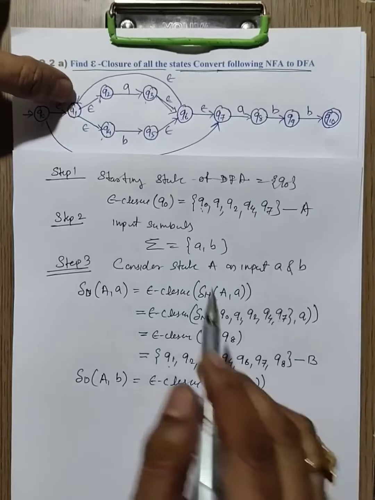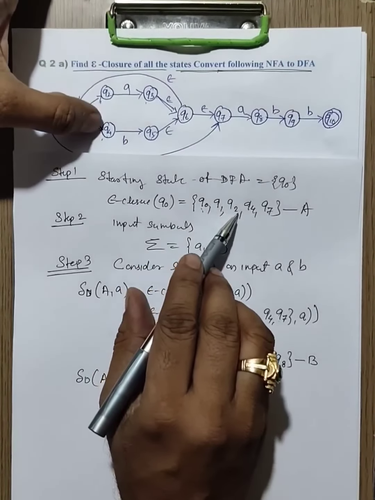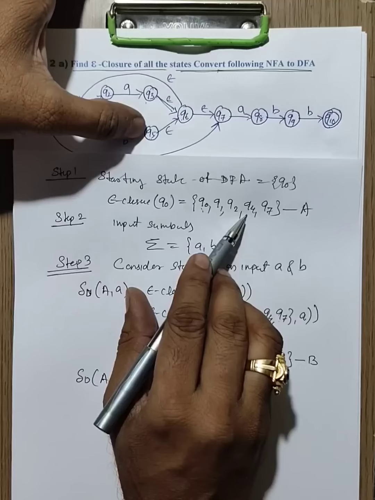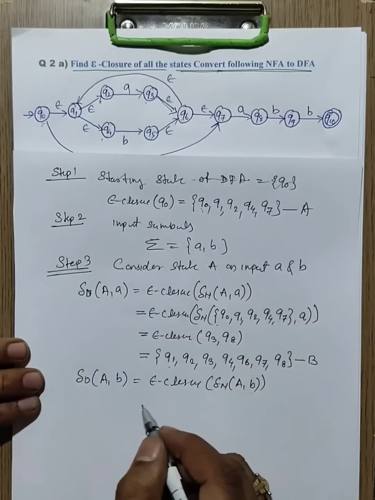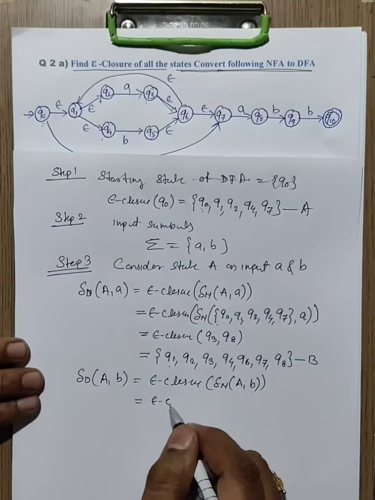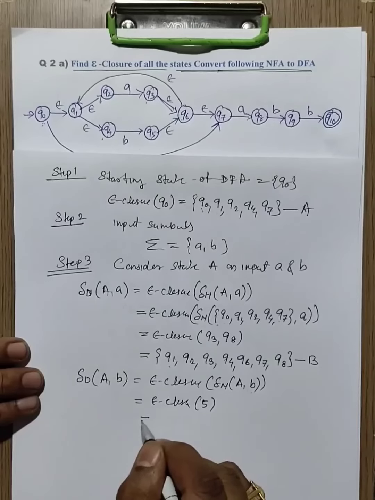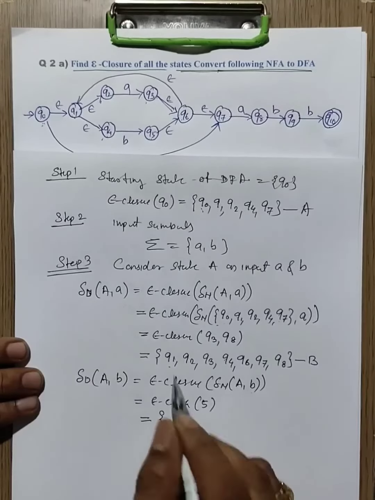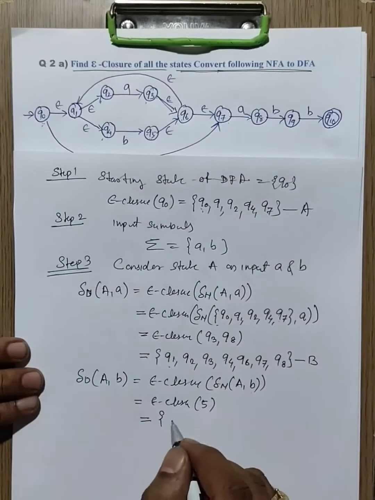Q2 on B: no. Q4 on B is Q5. Q7 on B: is there any transition? No. So only the epsilon closure of Q5, which is Q5, Q6, Q7, then Q1, Q2, Q4.